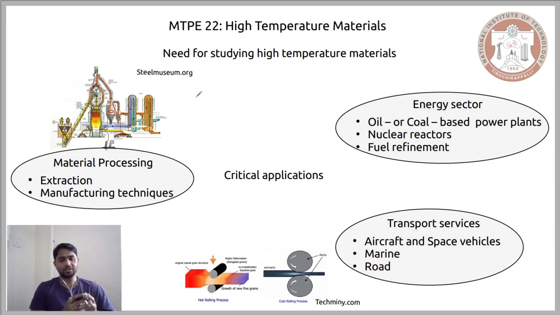And along with the extractive aspect, along with creating the material, we also have manufacturing techniques wherein we expose the material to a high temperature. If you look around us, we use a lot of components, and all these components at one point or the other would have gone through high temperature processing techniques.